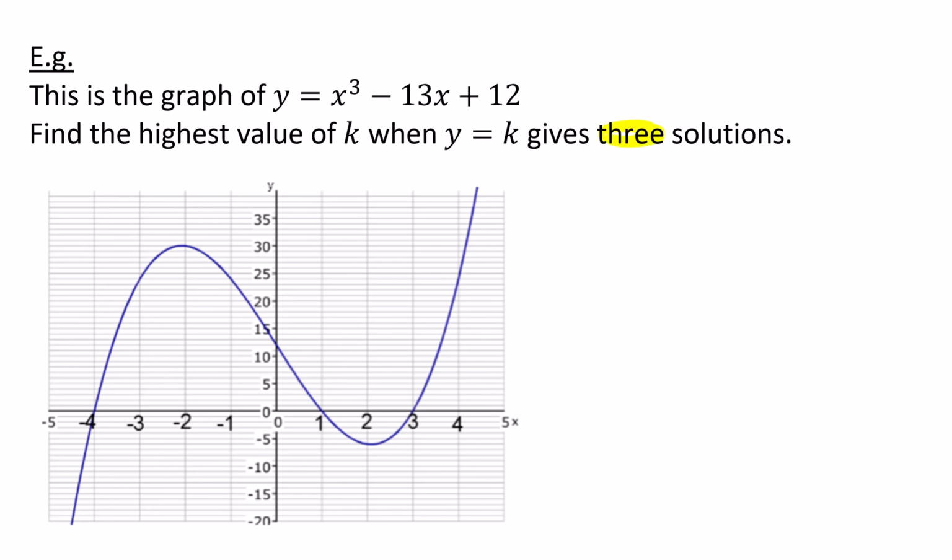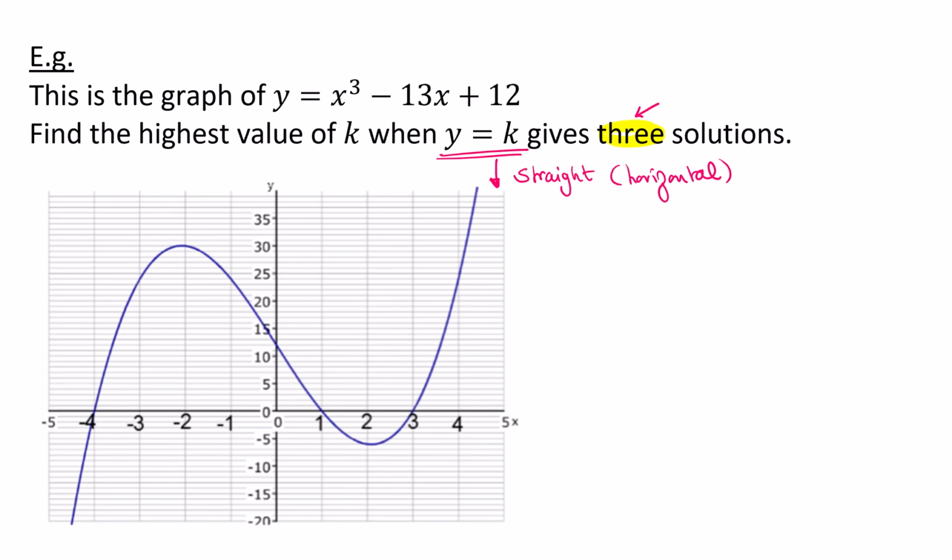3 solutions means you're looking for 3 places that this line cuts the graph. So this y equals k, k is a number, so this is a straight line. In fact, it's a horizontal line, because k is a number and y equals 1 or y equals 0 or y equals -5, whatever it is, all of these are simply horizontal lines.